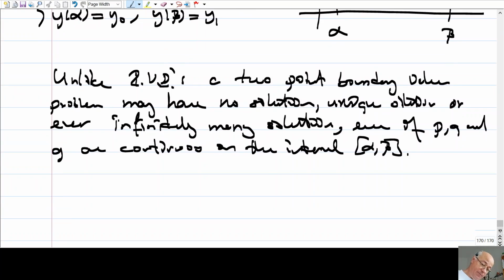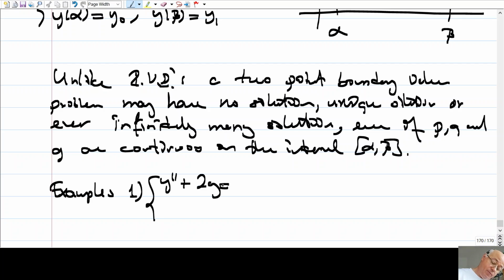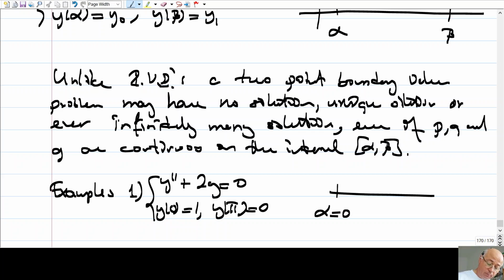But when it comes to two-point boundary value problems, things might be different. Now let's see examples. First example is this one. We are looking for a solution of this two-point boundary value problem. My interval is 0 to pi.